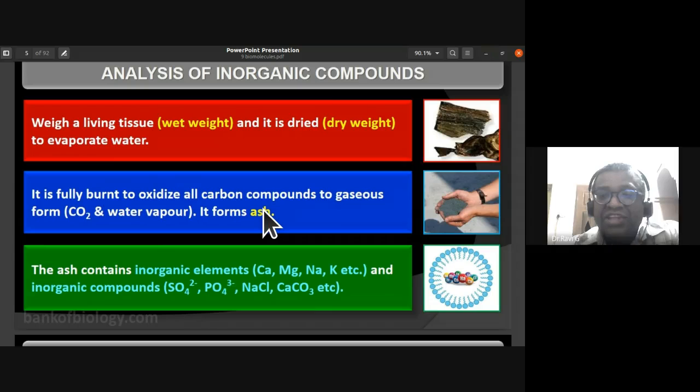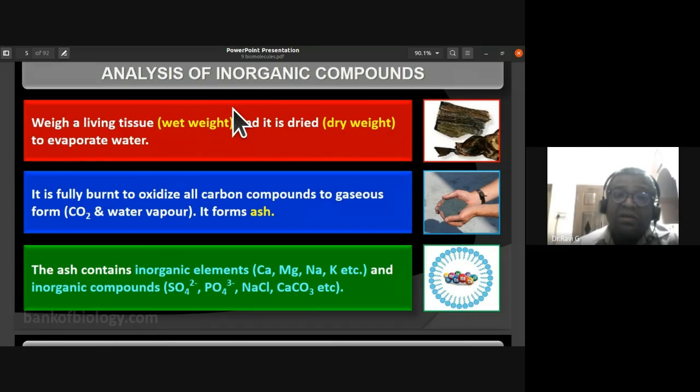So it forms ash. When we analyze this ash qualitatively, we get inorganic elements like calcium, magnesium, sodium, potassium, etc. And we also obtain inorganic compounds like sulfate, phosphate, sodium chloride, calcium carbonate. So these are all the inorganic compounds that we get when we analyze this ash. So this is how inorganic compounds are analyzed.